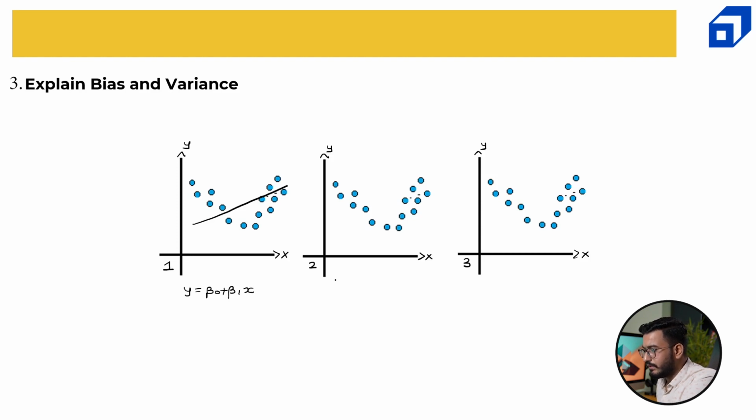This was a polynomial model with degree 2, beta naught plus beta 1x plus beta 2 x square, and this was a polynomial model with degree 4, beta 1x, beta 2x square plus beta 3x cube. Let's create the general model and let's create the overfitting model.